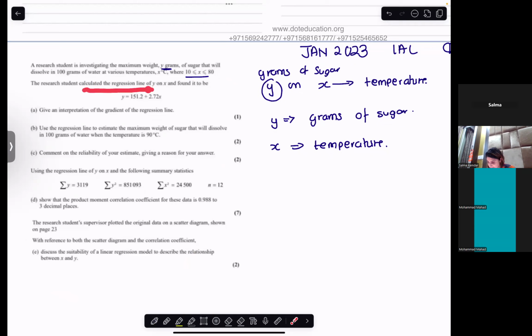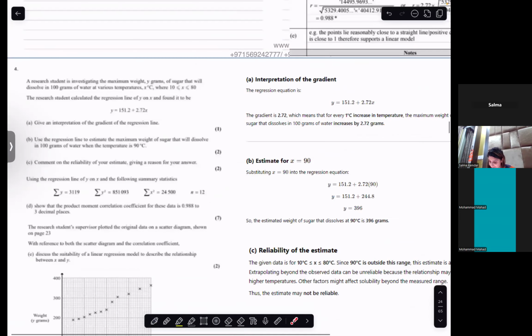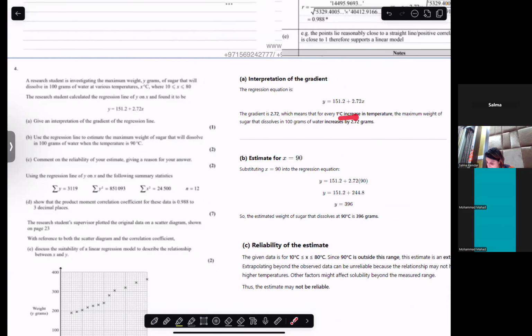The research student calculated the regression line of y on x and found it to be y equals 151.2 plus 2.72x. Give an interpretation of the gradient. For every 1 degree Celsius increase, y will increase by 2.72 grams.